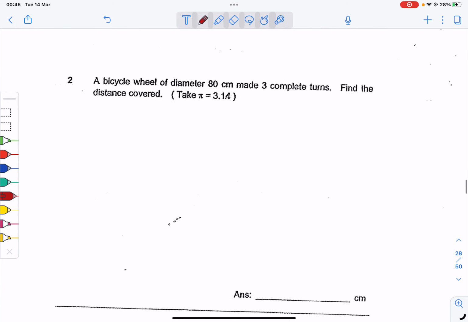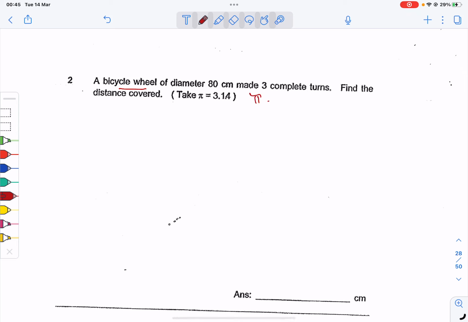Question number 2. A bicycle wheel of diameter 80 cm made 3 complete turns. Find the distance covered. So, when we have a bicycle wheel, we'll find the perimeter, in other words, the circumference of the circle.